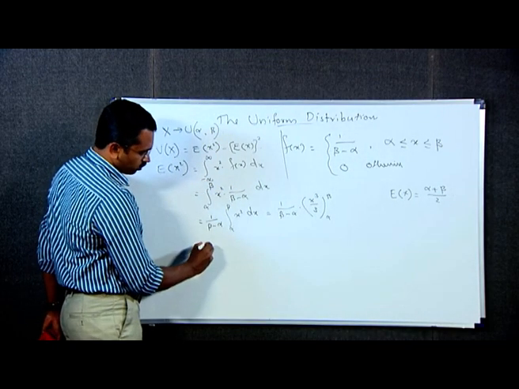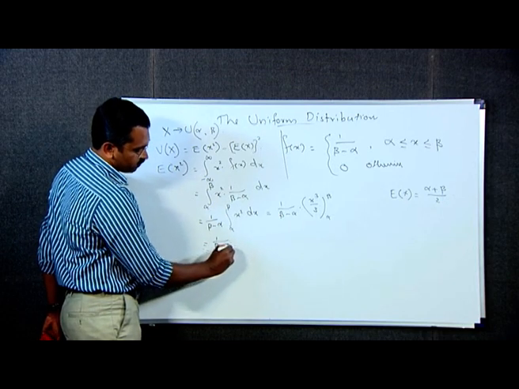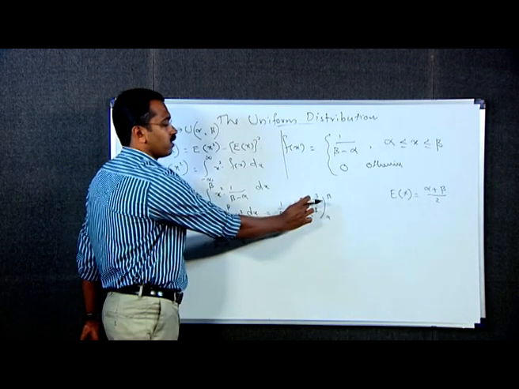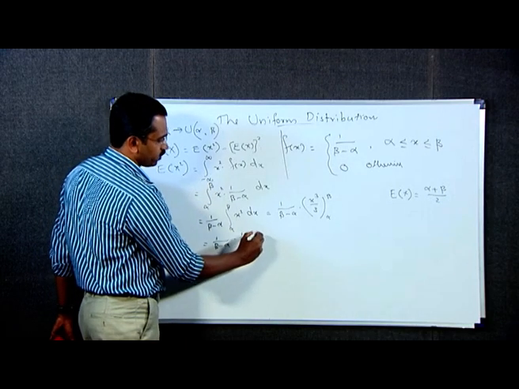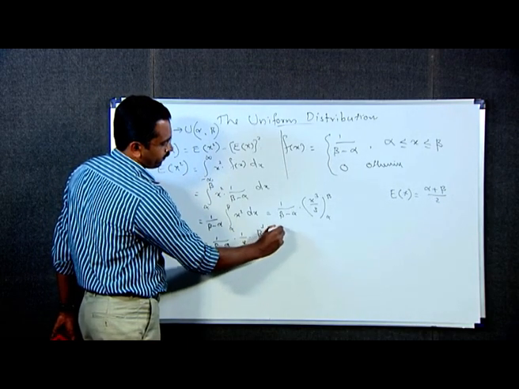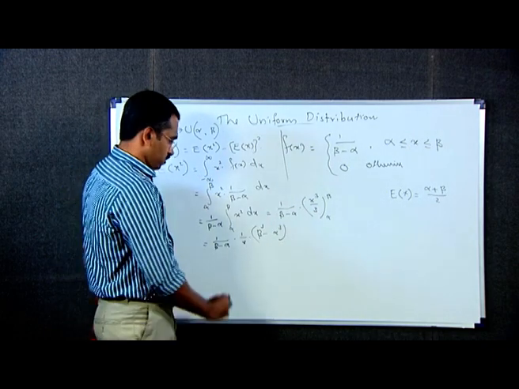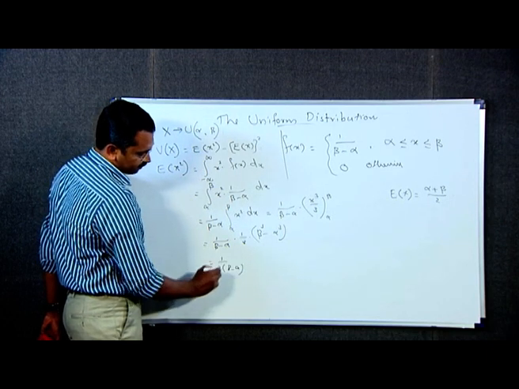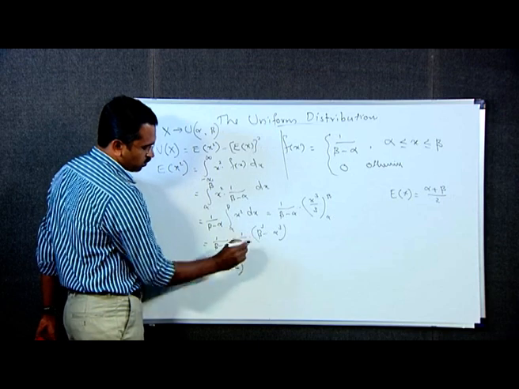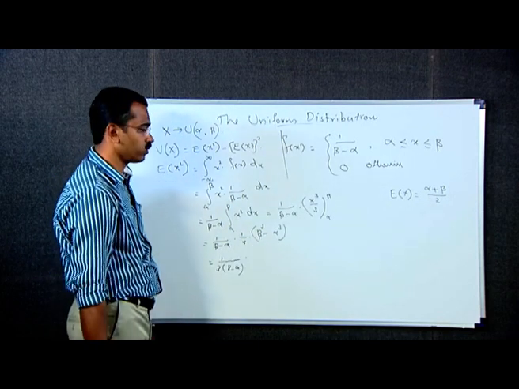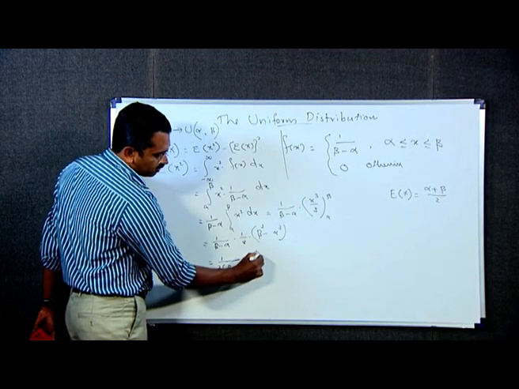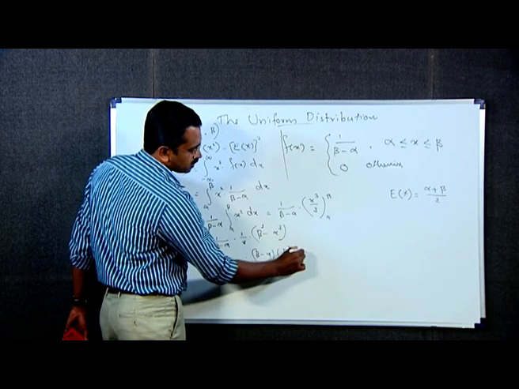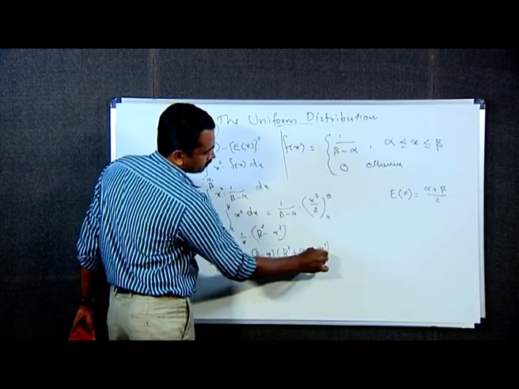That is equal to 1 by beta minus alpha into 1 by 3 into, here, beta cube minus alpha cube. Which is equal to 1 by 3 into beta minus alpha into this beta cube minus alpha cube can be written as beta minus alpha into beta square plus alpha beta plus alpha square.